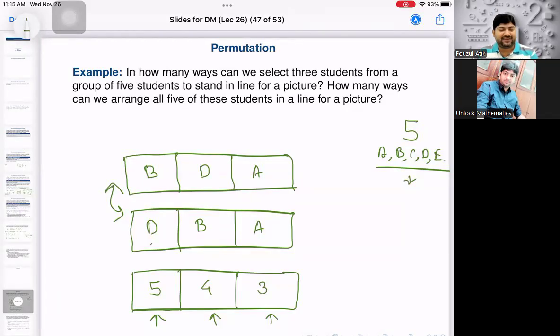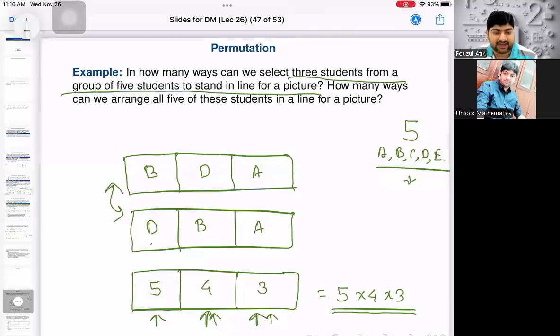So the first position can be filled in 5 ways, second in 4 ways, third in 3 ways. By the product rule, how many ways can you do it? 5 into 4 into 3. Is that clear? So this many ways you can select 3 students from a group of 5 students to stand in a picture. That means this many permutations you can do. These are all ordered arrangements.